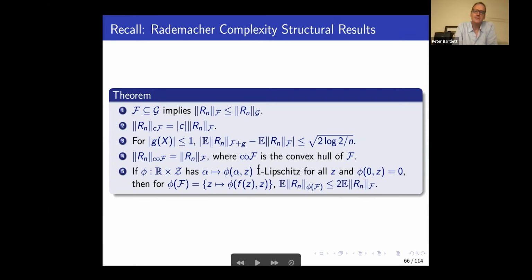It'll increase by a constant factor that depends on the Lipschitz constant of that function we're composing things with. We have some technical conditions. We want phi to be 0 at 0, and it's Lipschitz in its first argument for all of that second argument.